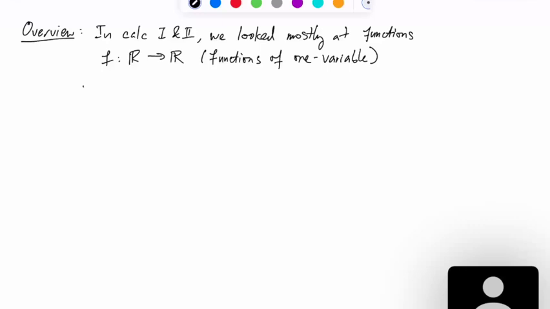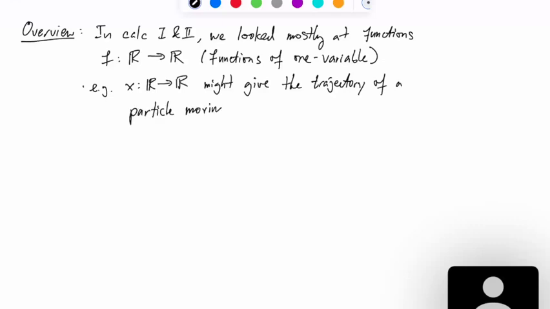So examples, right? Why did we care about these functions? Well, for example, if you have a function x from R to R, it might give the trajectory of a particle moving in one dimension. So if this is the real line, then you can have a point here.